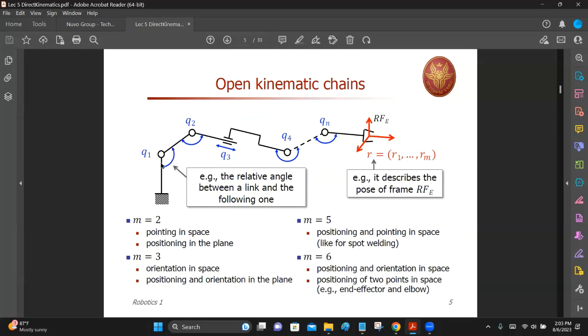So it has this angle, and then at the end of that link, you have the second joint, and then the joint angle is Q2. And here the third joint is different to this one, and this one is a sliding joint or prismatic joint. So the joint variable is a distance. But using this generalized coordinate Q, you can name it Q3.